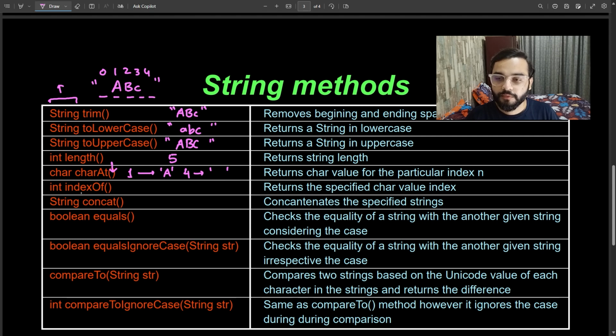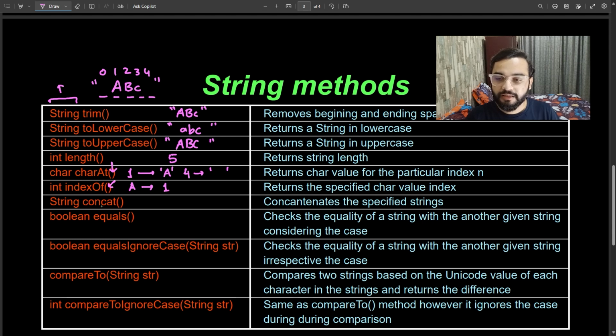Index of: inside this we have to give the value of a character. It will return the index of the first occurrence of that character in the string. If we give A, then it will give us the value 1.